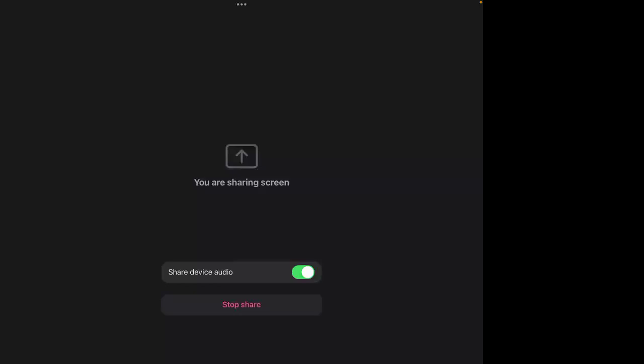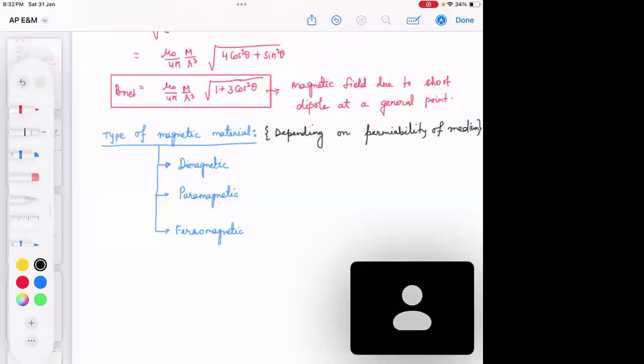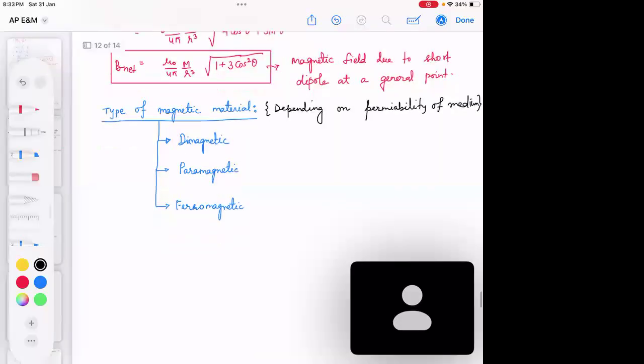What are the different types? You can say diamagnetic, paramagnetic, and ferromagnetic. So what is the diamagnetic permeability?